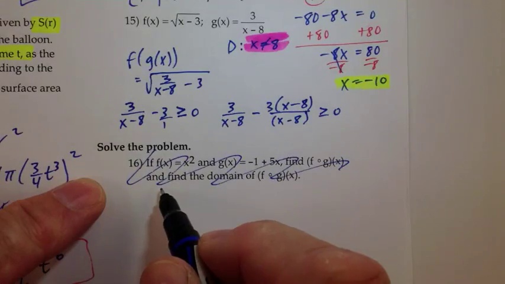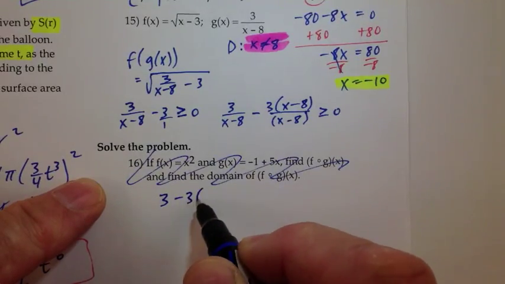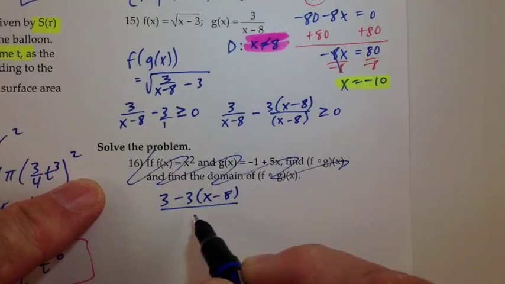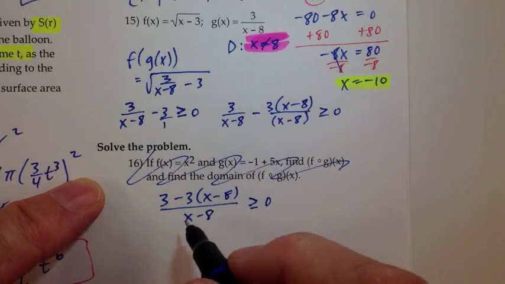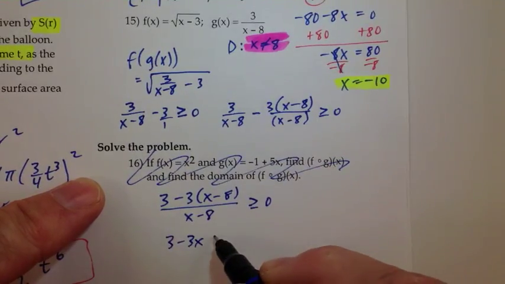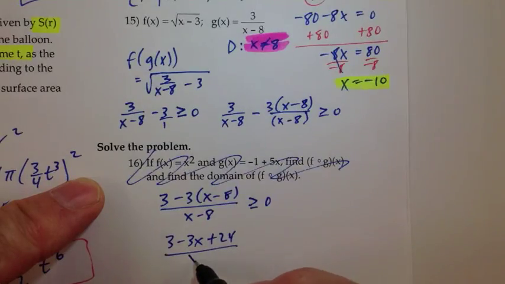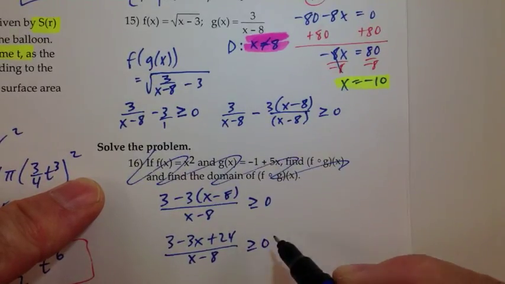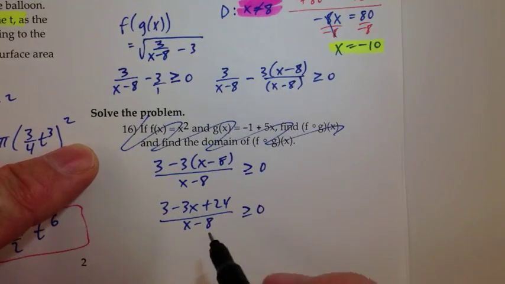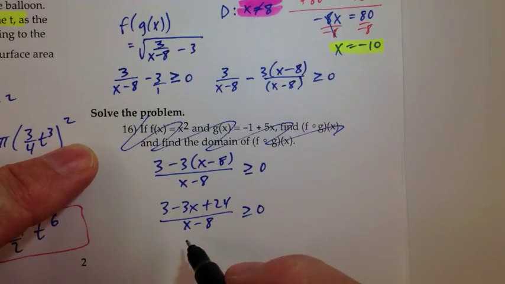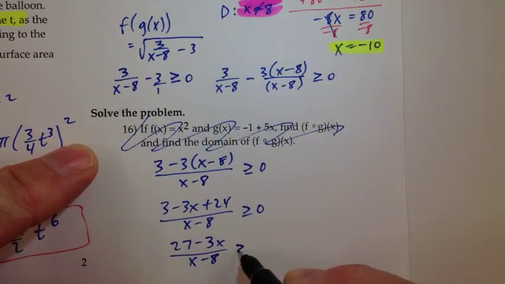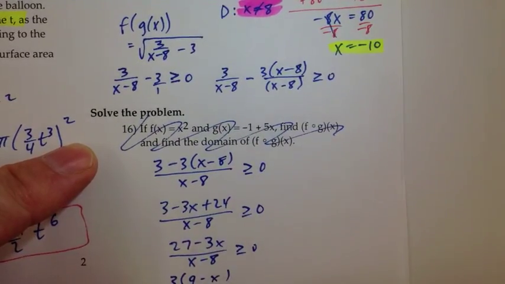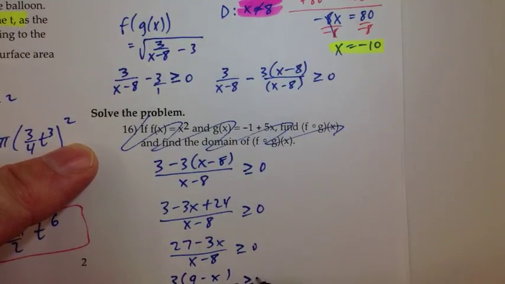Okay, then we get 3, I'm going to bring it down here, 3 minus 3 times x minus 8 all over x minus 8 has to be greater than or equal to 0. We get 3 minus 3x plus 24 over x minus 8. Okay, and then 3 plus 24 gives us 27, so we have 27 minus 3x all over x minus 8. And if we factor out a 3, we get 9 minus x over x minus 8 greater than or equal to 0.